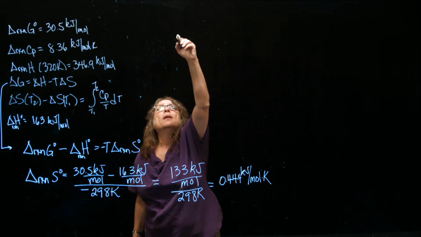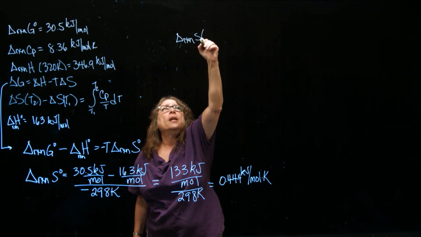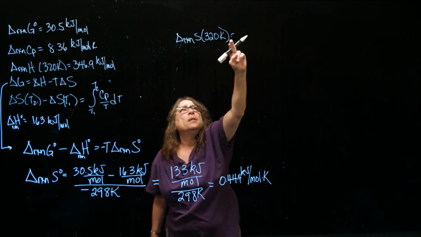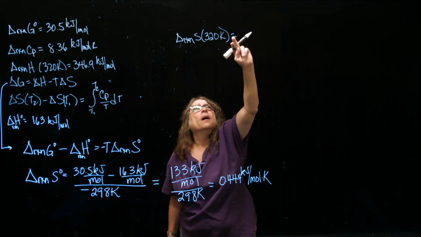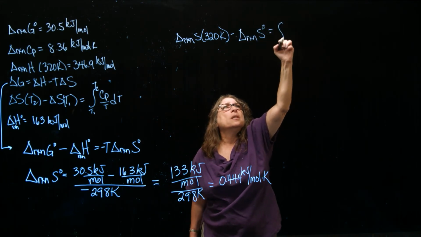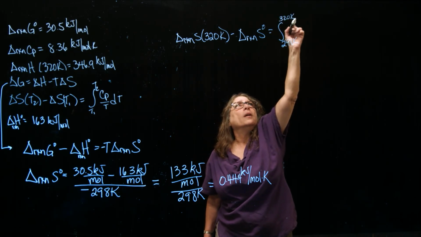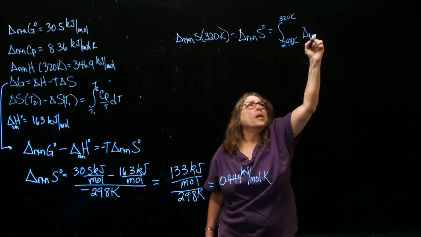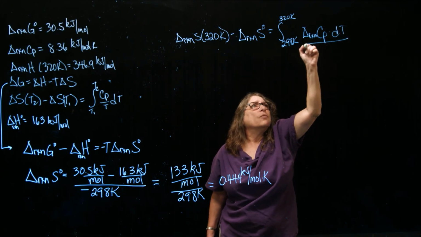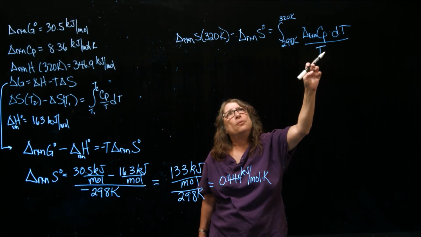So the entropy change for the reaction at 320 Kelvin minus the entropy change under standard conditions is the integral from 298 Kelvin to 320 Kelvin of the reaction change for the heat capacity times dT divided by T. And we know how to do this already.